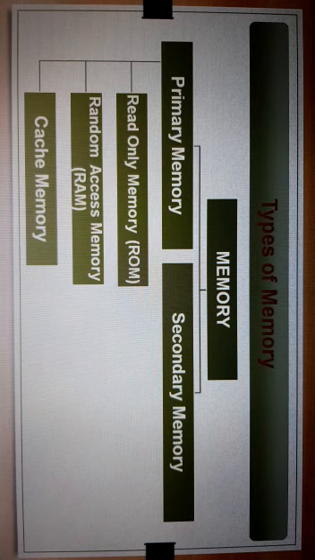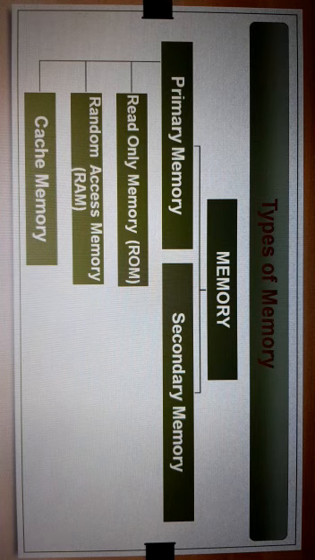Now the question is, what is ROM? ROM and RAM both are internal memory. As the name suggests, it stands for read-only memory.